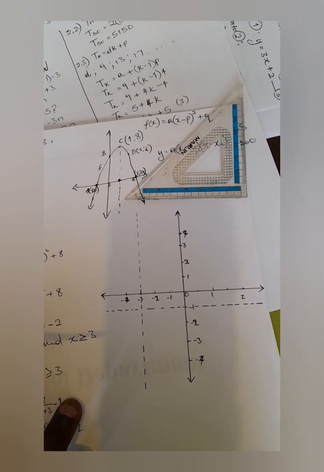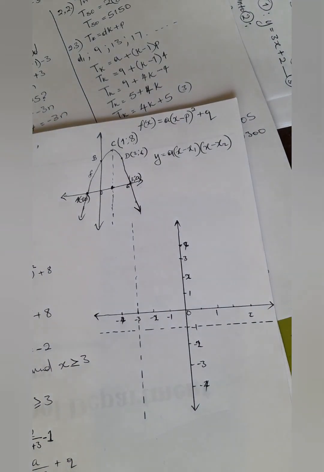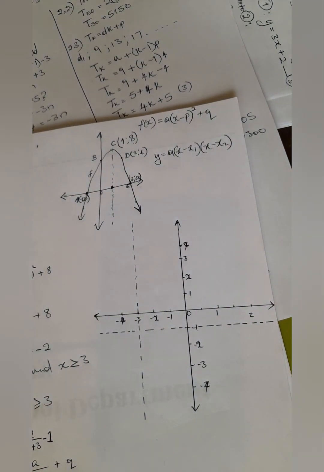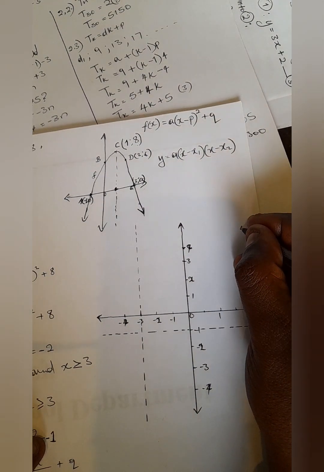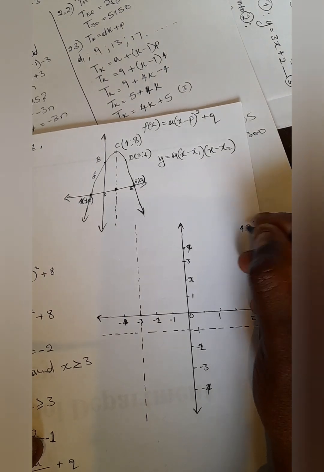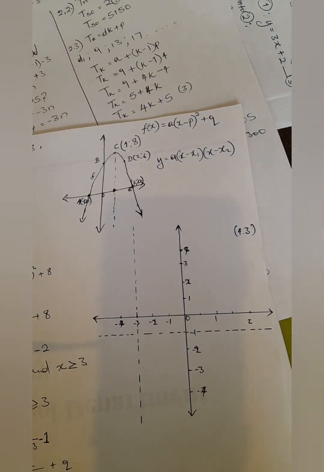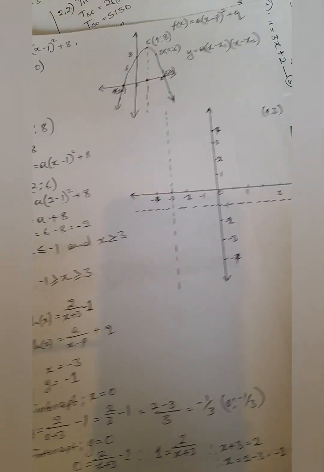Okay, we are continuing with question 4.3, which says draw a neat sketch of the graph of h. Clearly show all intercepts with axis and asymptotes.